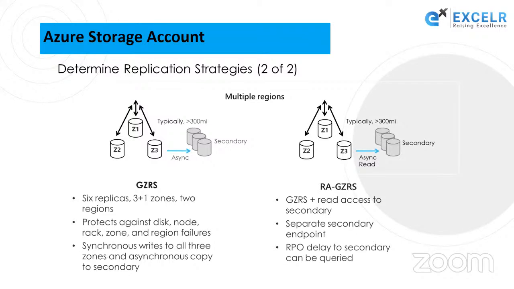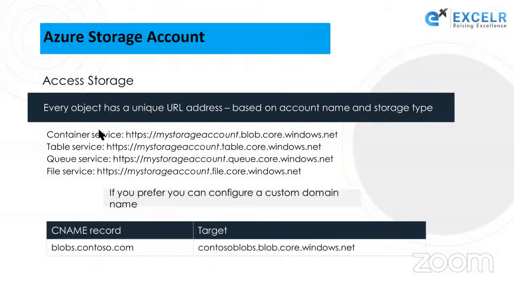So how do you access your data? Whenever you use your storage account, there is a URL which is created for your storage account. That URL will be something like this. This URL is going to change based upon the type of storage service you are going to use.